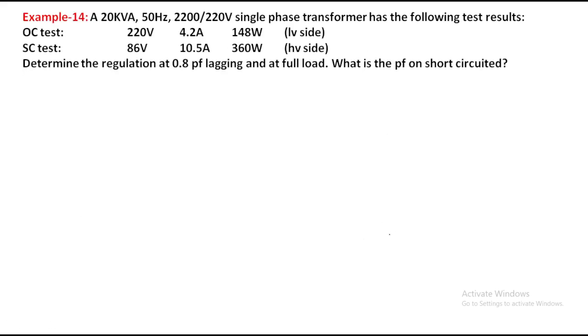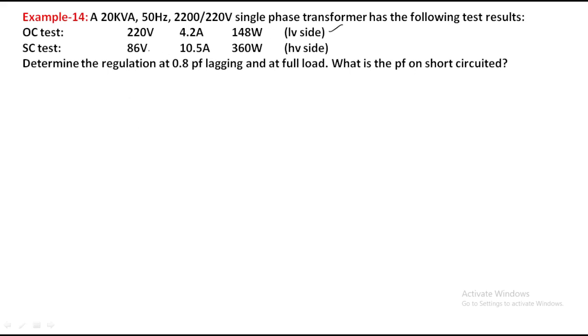Next one. A 20 kVA, 50 Hz, 2200/220 volt single phase transformer has the following test results. From the OC test, these are the results: rated voltage, no load current, and iron loss component.